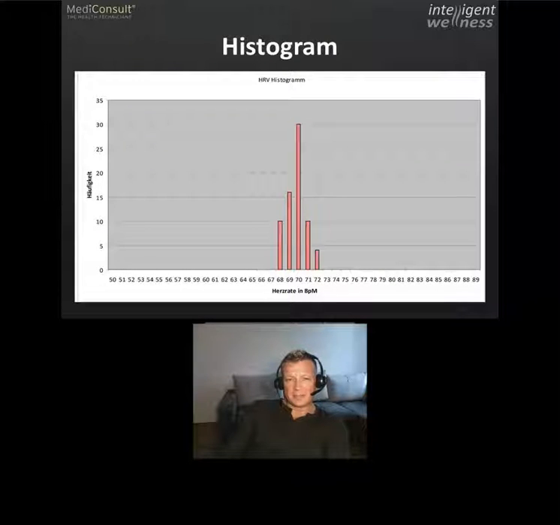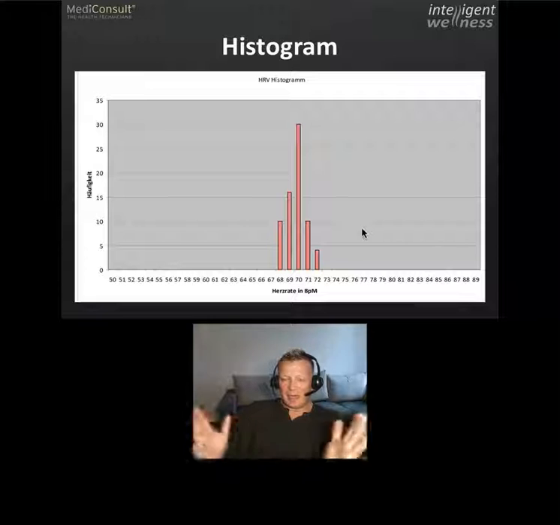So this is actually how we determine the heart rate variability within the control unit of the imore. We use a so-called histogram. So what we do, we count a certain number of heartbeats, and then we determine the breaks in between, and then we calculate how many, for example, if the basic benchmark is 70 heartbeats a minute, how many heartbeats would be 69, 68, 66, or going to the other direction, 71, 72.